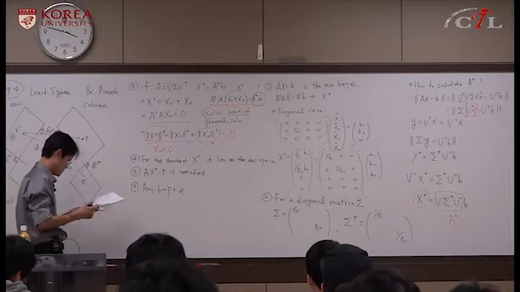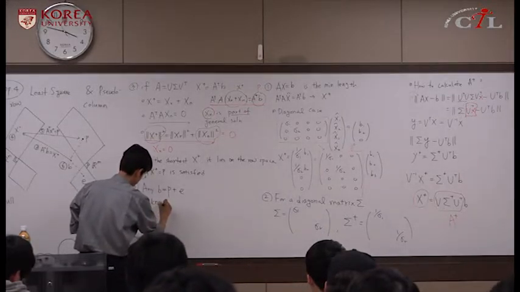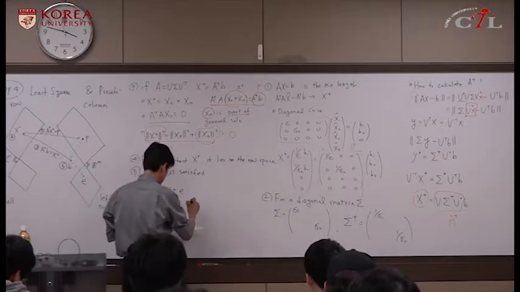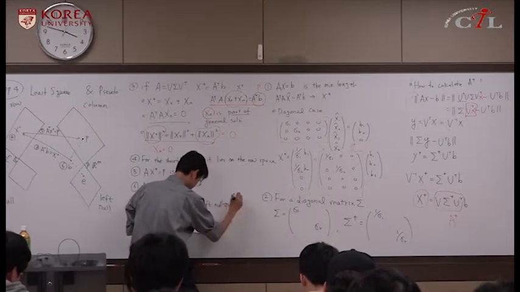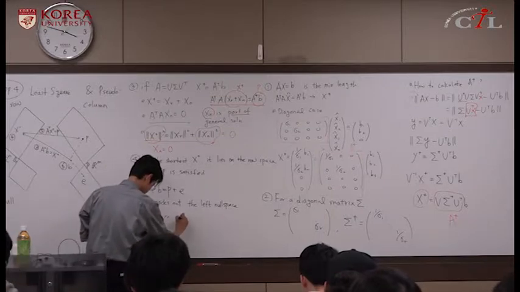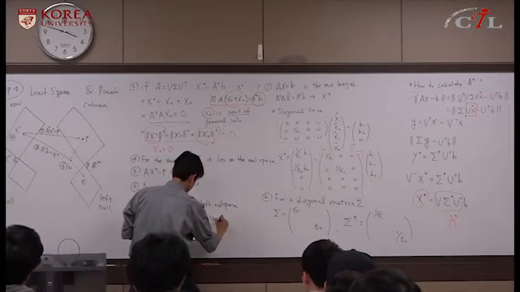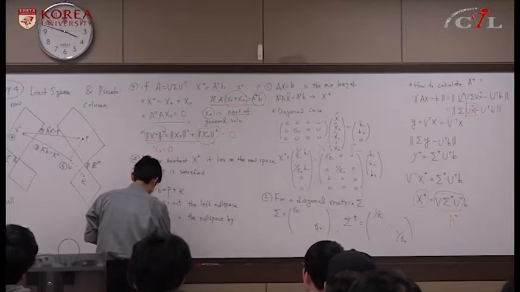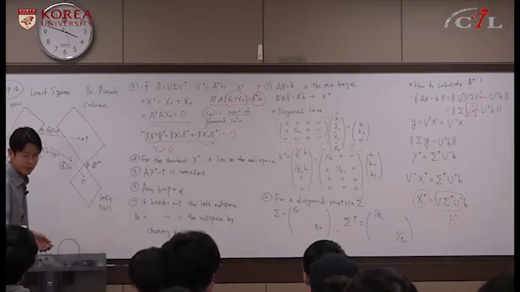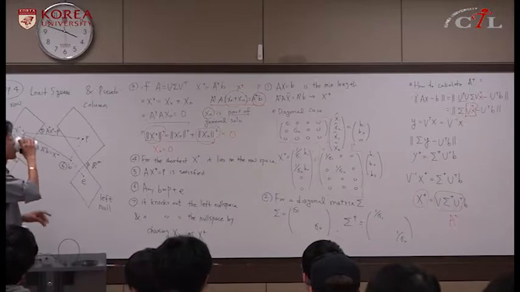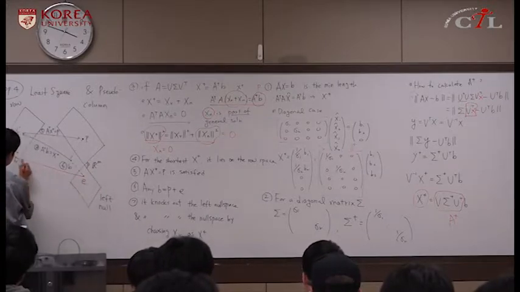7 is that final statement. It knocks out the left null space, and also it knocks out the null space by choosing XR as X. If we draw a diagram like this, we can see that the null space component is not reflected here.